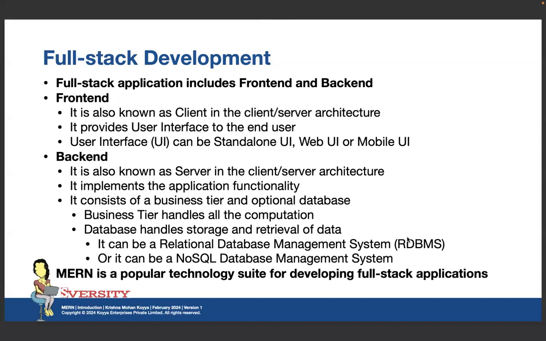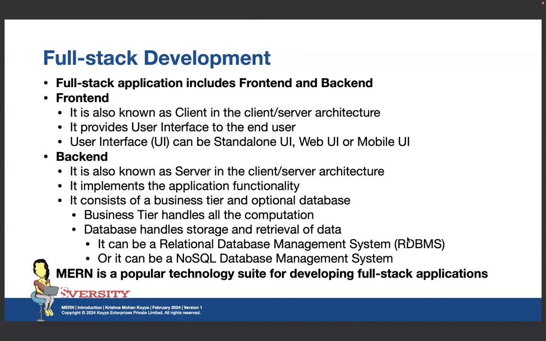Then what is back end? Back end is where the actual application functionality is implemented and executed. Front end is typically for the end user to interact with the system, but the system is all about the back end. This is where you have the actual application functionality.